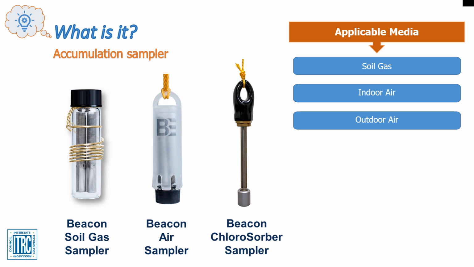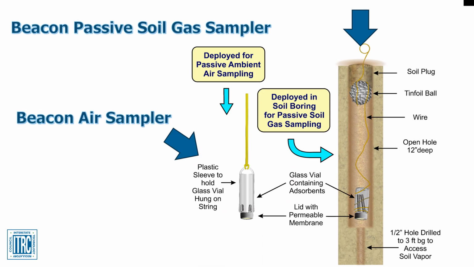There are three types of Beacon samplers: a soil gas sampler, an ambient air sampler, and the Beacon chlorosorber. The Beacon soil gas sampler and the Beacon air sampler are similar and consist of a glass vial, hydrophobic adsorbents that collect volatile organic compounds, or VOCs, at a constant rate, and a lid with a permeable membrane.